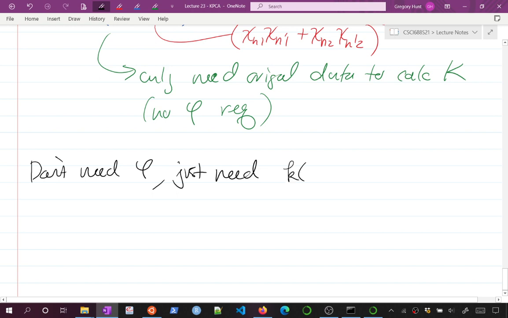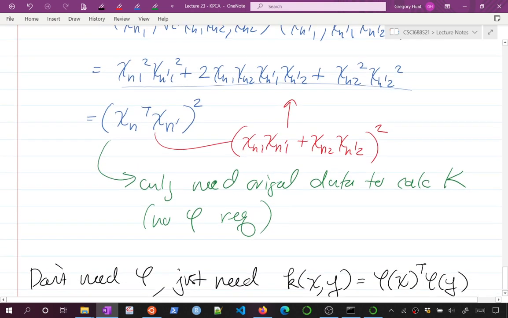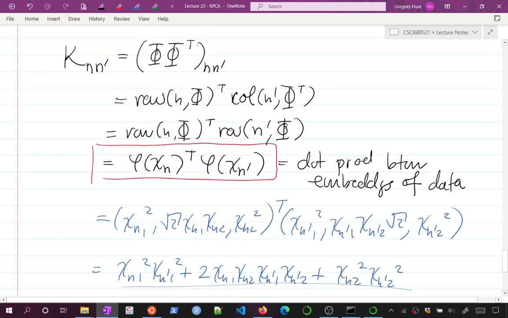I just need some lowercase function k that takes two vectors, x and y, and calculates the inner product between their embeddings. So more generally, for any embedding, what we said is that the elements of this K matrix are the inner products between the embedded data.